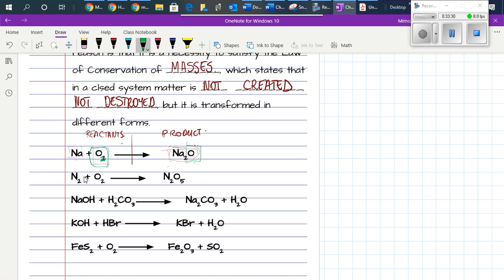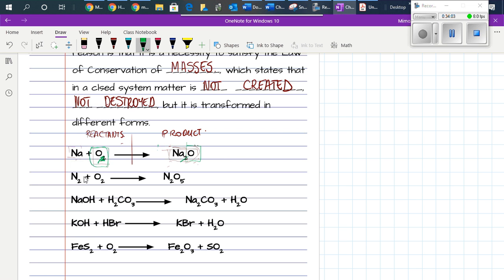And in order to honor the conservation law of masses, we have to equalize those numbers of atoms. But how do we do this? Sometimes students just cancel the 1 and 2 here. That is not correct. The way that we balance chemical reactions is by adding coefficients in front of either the elements or the compounds.